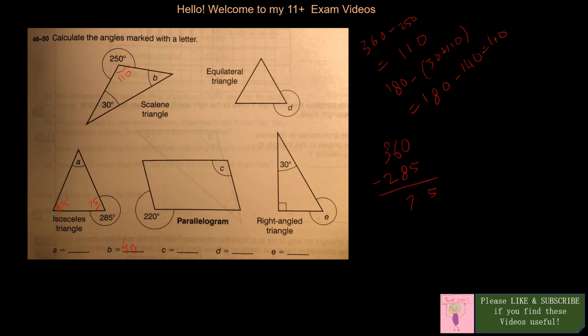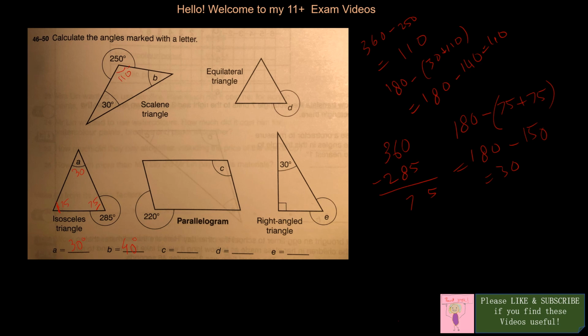A will be 180 minus 75 plus 75, 180 minus 150, that's 30. So A is 30. Put in the degrees. Right, okay, then we have an equilateral, C, let's do C.